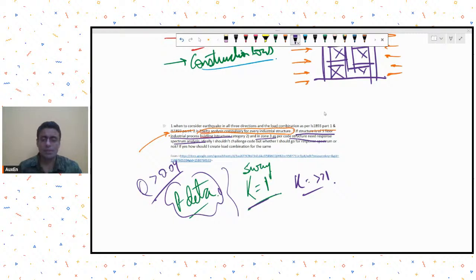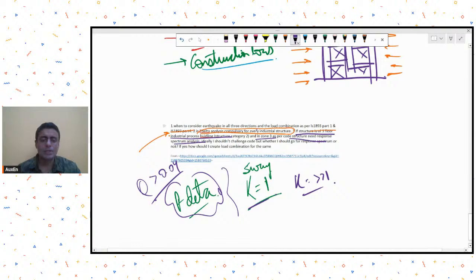There is not much irregularity in your structure, whether it is plan irregularity or vertical irregularity, and the stiffness and the mass distribution is more or less uniform along the height, then I would say you may not consider response spectrum.